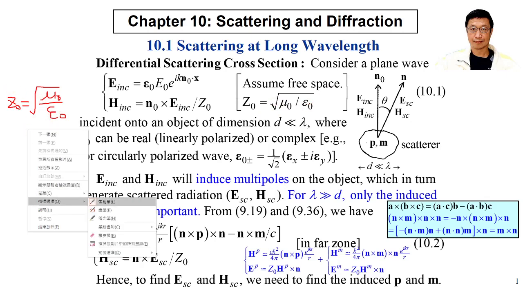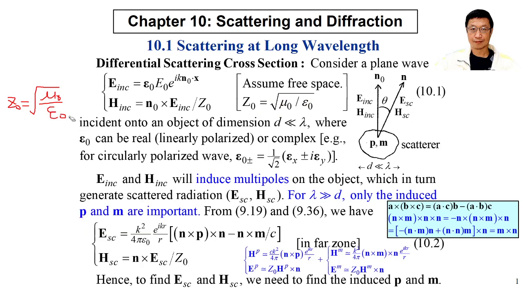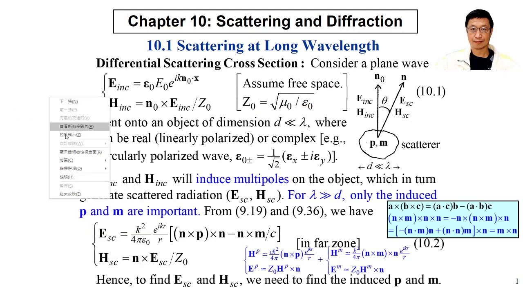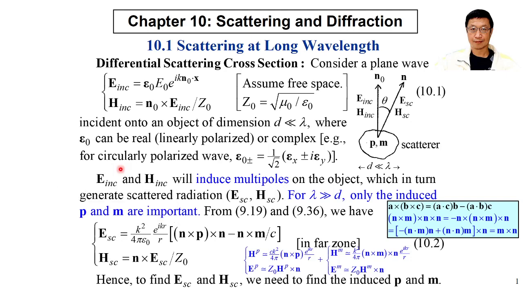Okay, we have explained the notation so far. So E incident and H incident will induce multipoles on the object.